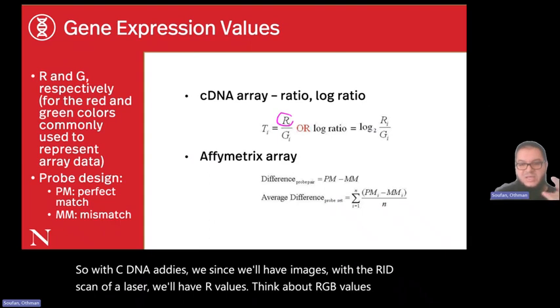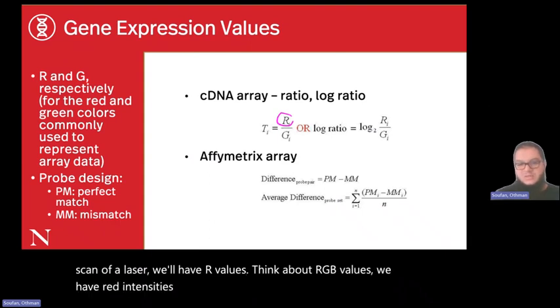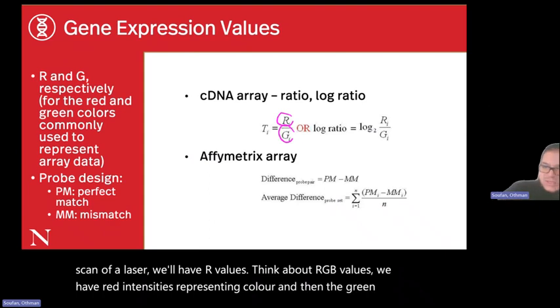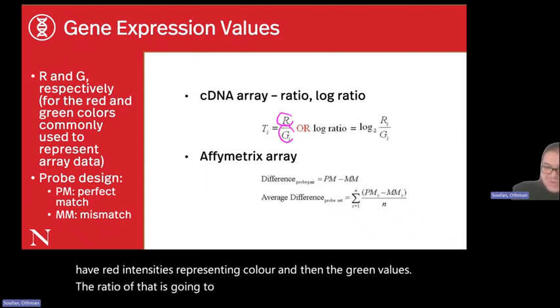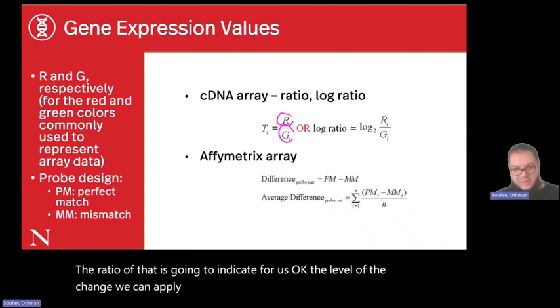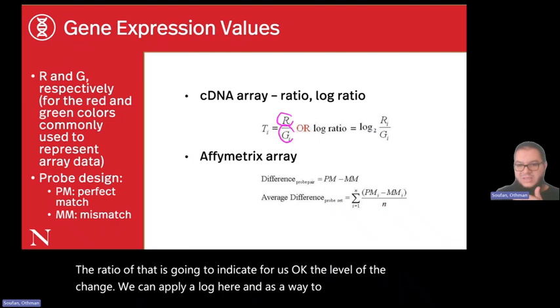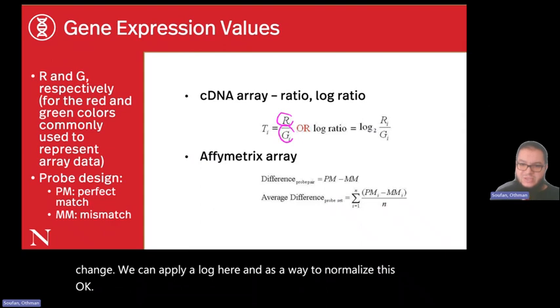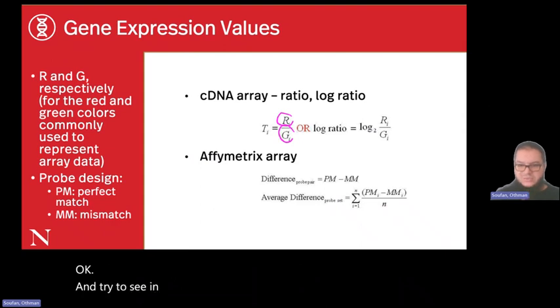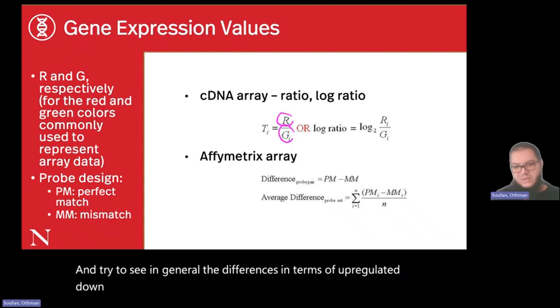We have red intensities representing the red color, and then the green values. The ratio of that is going to indicate the level of the change. We can apply log as a way to normalize this, and try to see in general the differences in terms of upregulated or downregulated.